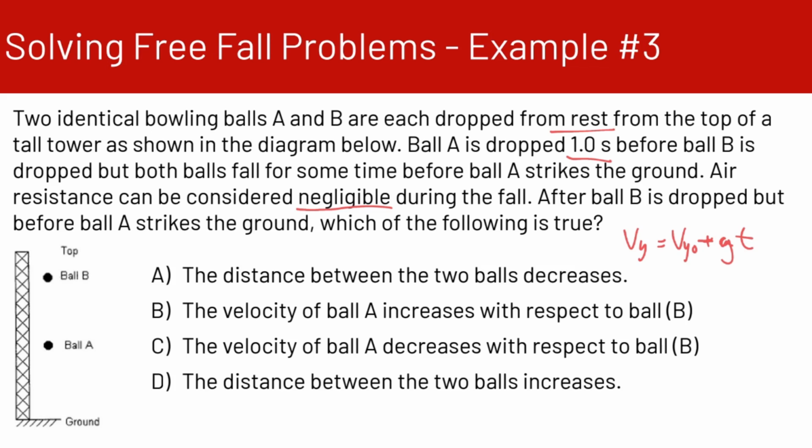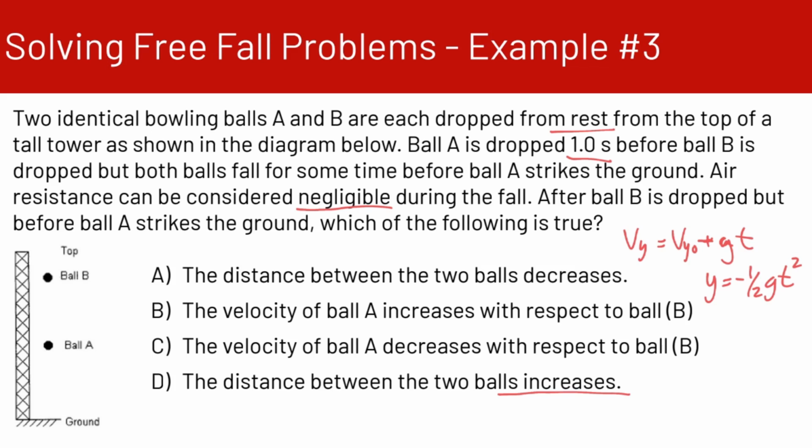The distance, however, is governed by this square here. So time squared. So the distance between the two balls is going to increase because every second the distance change between ball A and ball B gets bigger by this square.